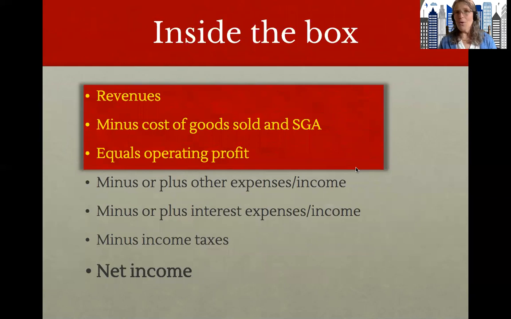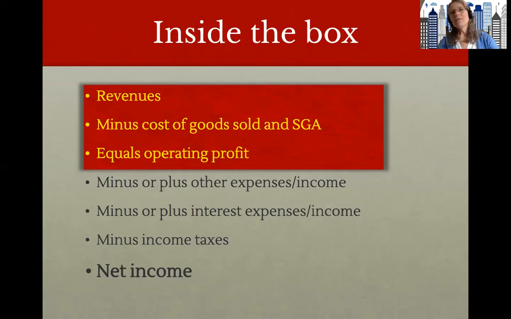So we're going to look inside the box based on everything we've just talked about with the income statement. When we're looking at a public company's income statement, we're focusing first on what's inside that red box that you see: the revenues or sales, minus the cost of goods sold, and then minus the sales, general, and administrative cost. That's going to equal the operating profit. You might want to look at that first, okay?